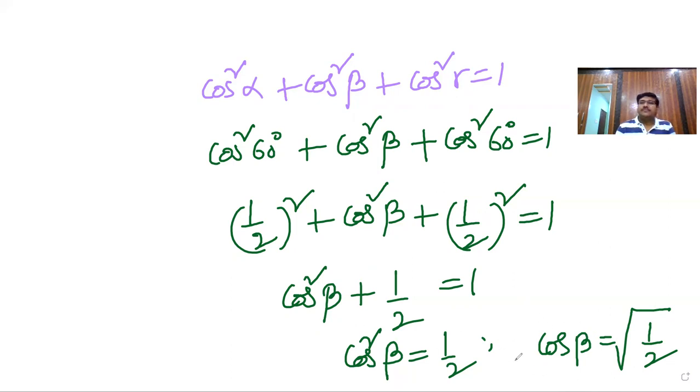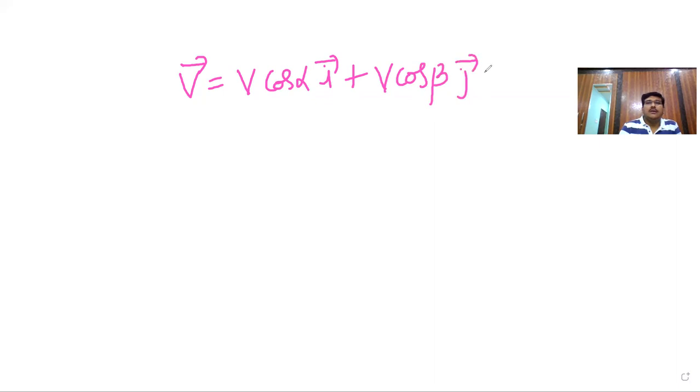Okay, now I am substituting in the vector form. V bar equals V cos alpha i bar plus V cos beta j bar plus V cos gamma k bar. The problem is very simple, you just have to understand. V is how much? 20. The velocity of the bird is given as 20.